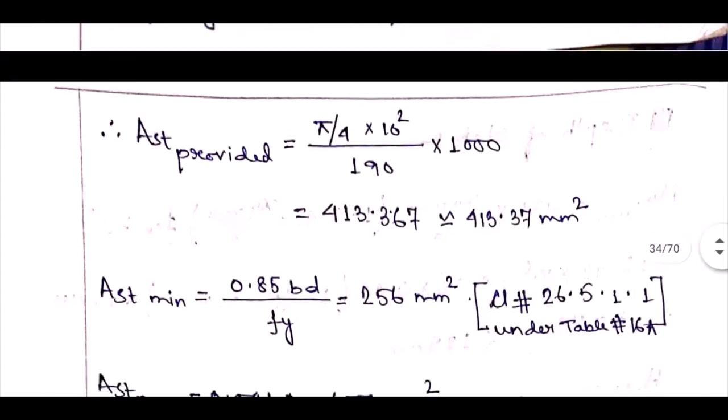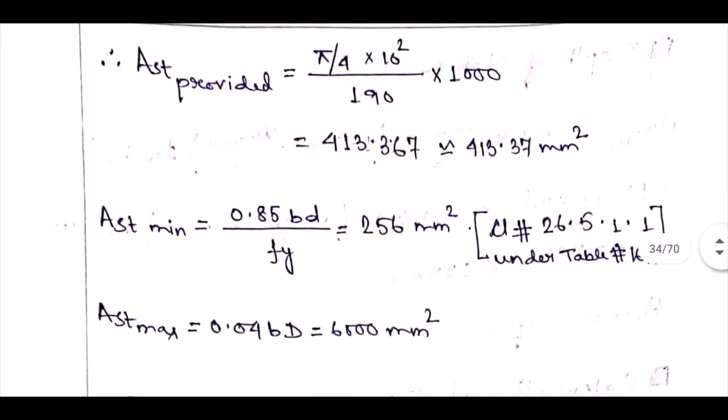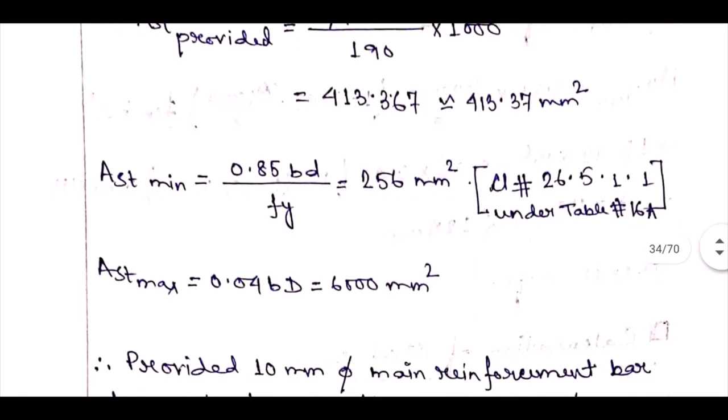But there is a condition of minimum reinforcement and maximum reinforcement in clause number 26.5.1.1 under table 16a. Ast minimum is 0.85 bD by Fy equals 256 mm square.